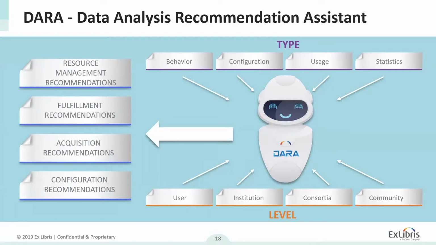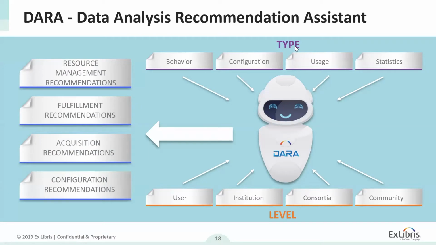So we can get all sorts of data which we have available, again, at the user level, at the institutional level, at perhaps a consortial level, and then at the wider community level. And we can get all sorts of data, whether it's statistics, configuration, behavior, or usage, and then based on that, we can provide these different recommendations in different areas of our system.